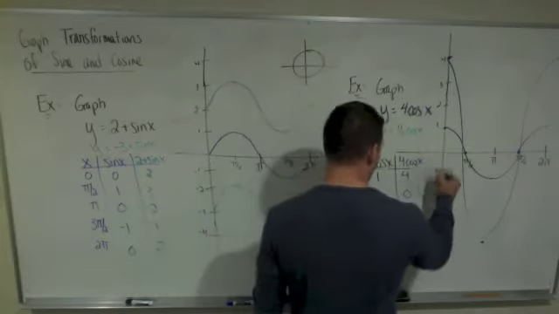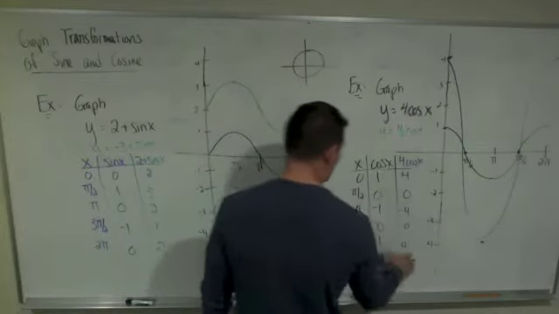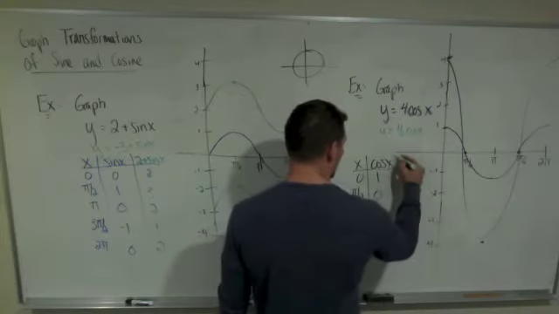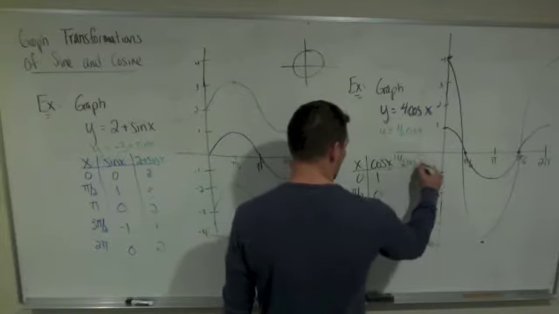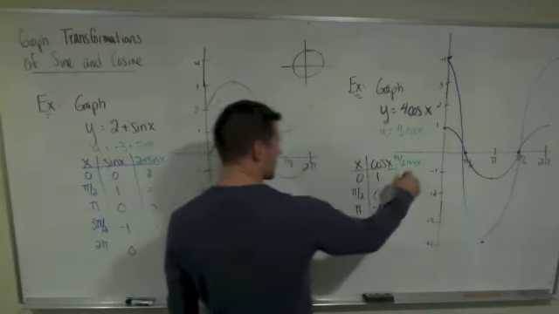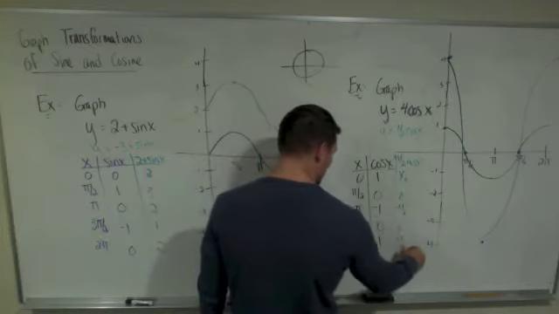I'm running out of room here, so let me erase this one and just put it here. 1/2 cosine x. Well, let's see what this one looks like. So I just take a half of this, and I get a half, 0, negative 1/2, 0, 1/2.